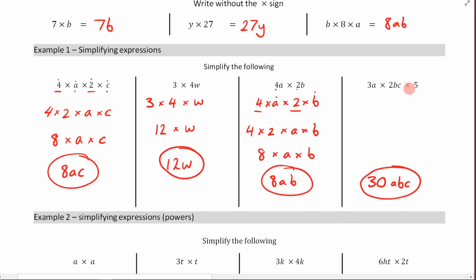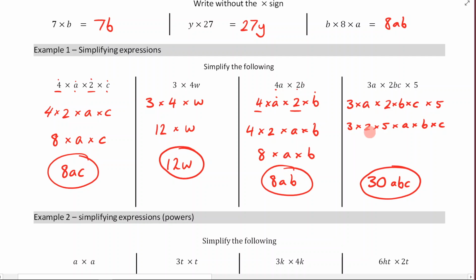Now, if you're thinking, wow, that was way too fast for me, that's fine. You can go through it the slower way in which you're adding in those multiplication symbols. This 3a, we know that's 3 times a, then I've got this multiplication sign. This 2bc is 2 times b times c, and then I've got times 5 here. Then remember what you're doing is you're putting all the numbers next to each other, 3 times 2 times 5, and all the pronumerals next to each other, a times b times c.